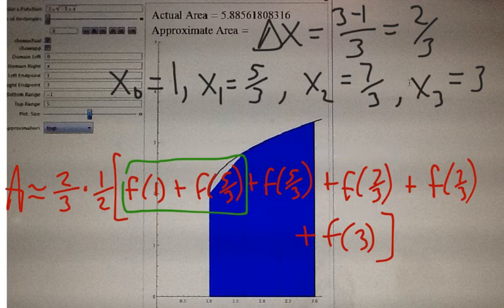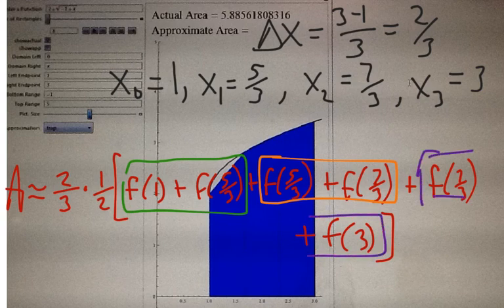I'm trying to pay attention to my color more than what I'm supposed to be doing here of overlapping. These two are for the second, and then these two are for the third. But you see we're using some of these twice, okay? The middle ones we use twice.